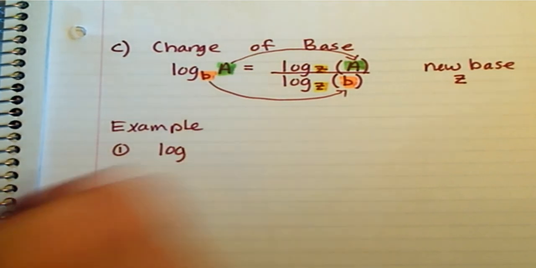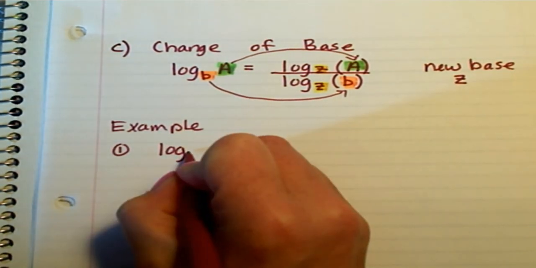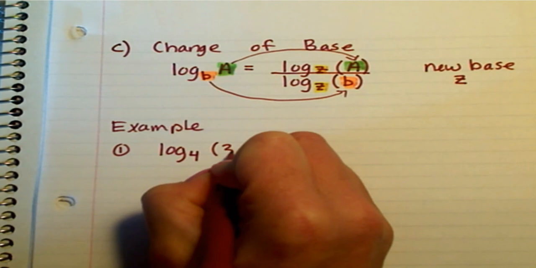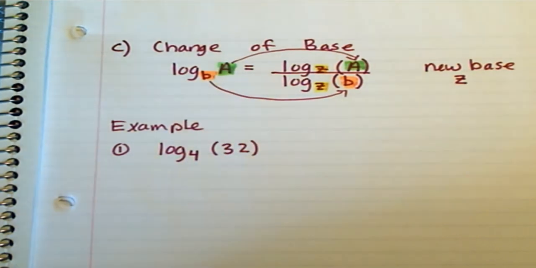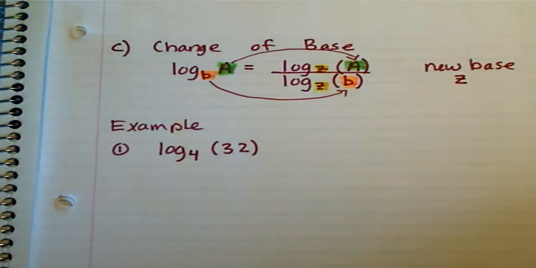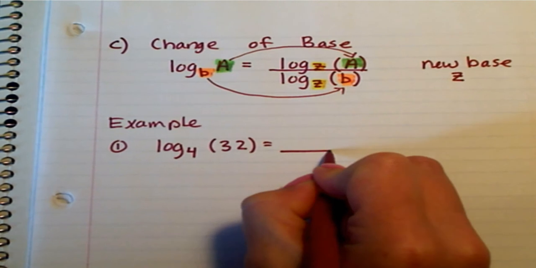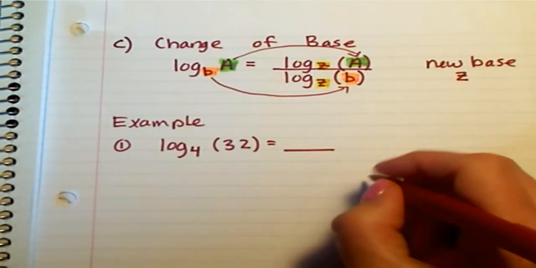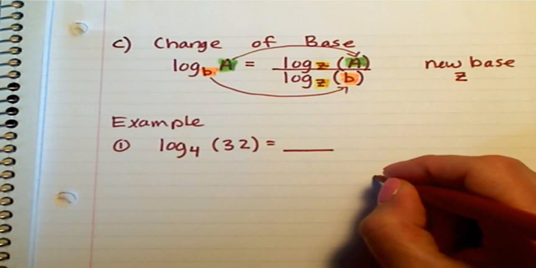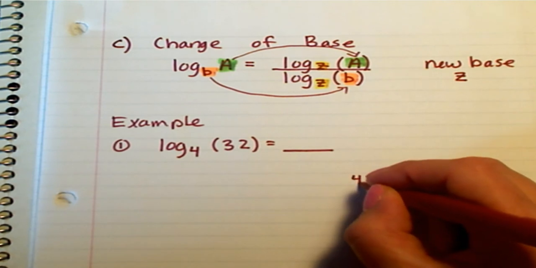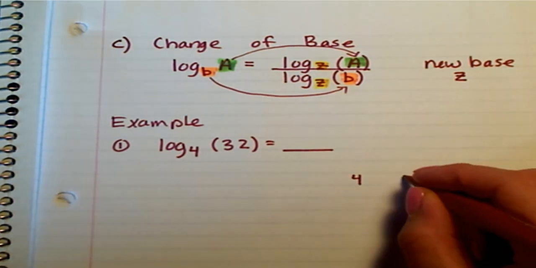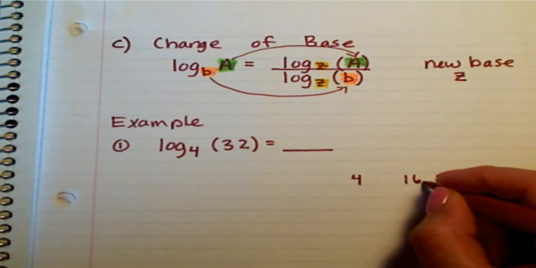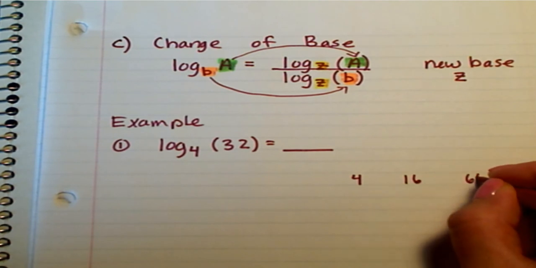Why might the change of base formula be useful? Okay, well, let's start with log base 4 of 32. What exponent? So I'm going to actually just write this below here, take a little more space for myself. Okay, so I get a 4, 16, 4 cubed.